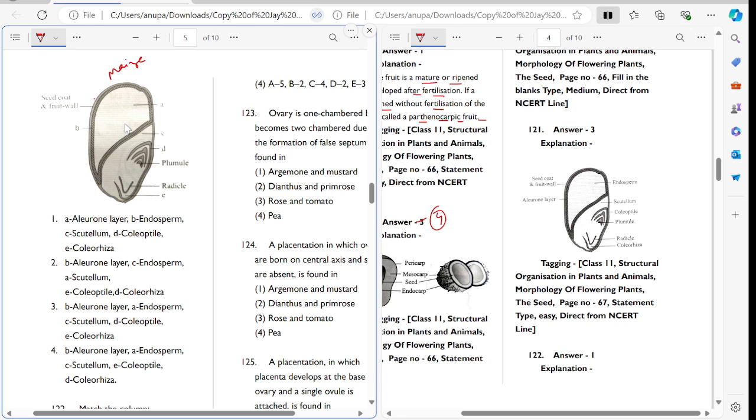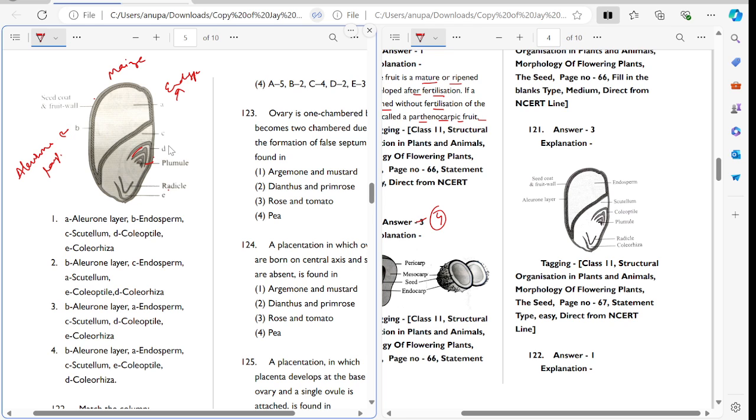And this is the endosperm. Here in this figure, A is the endosperm and it is covered by a layer. You can see this endosperm is surrounded by a layer and this layer is known as the aleurone layer. Aleurone layer.